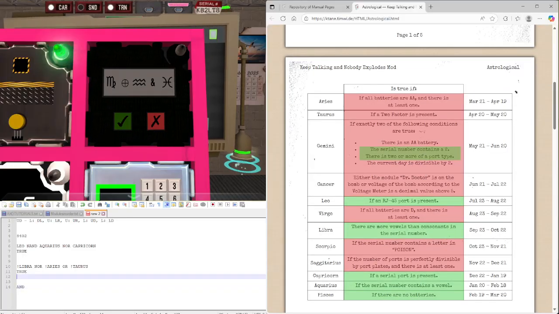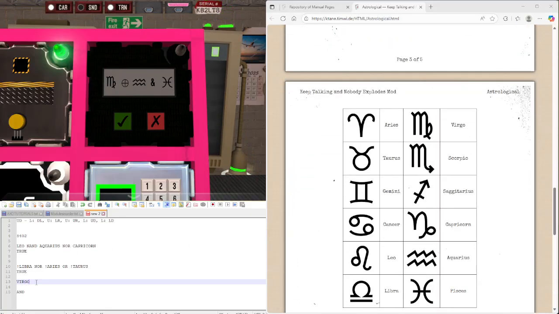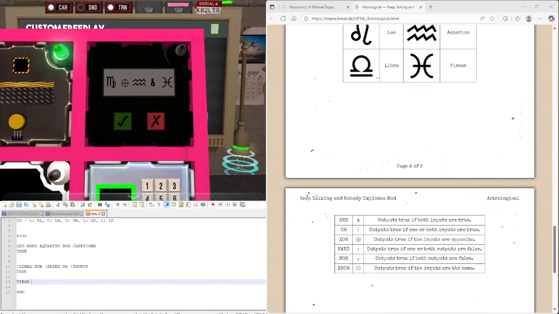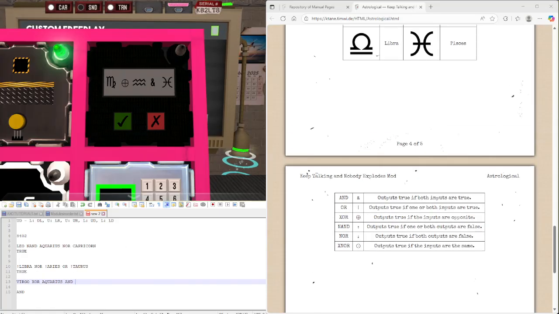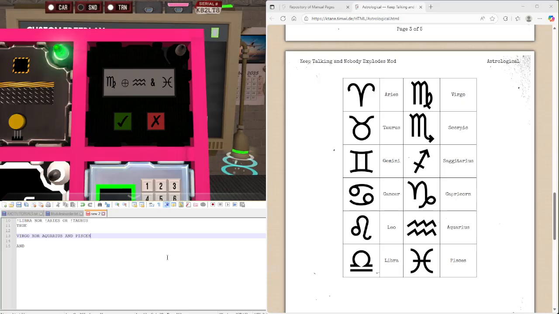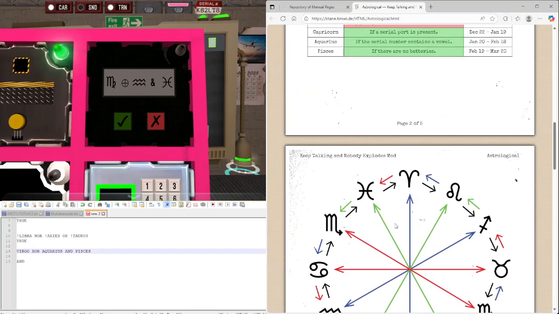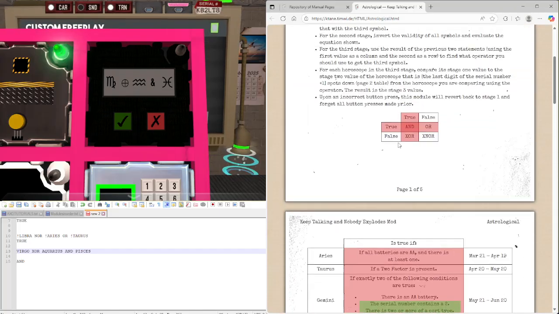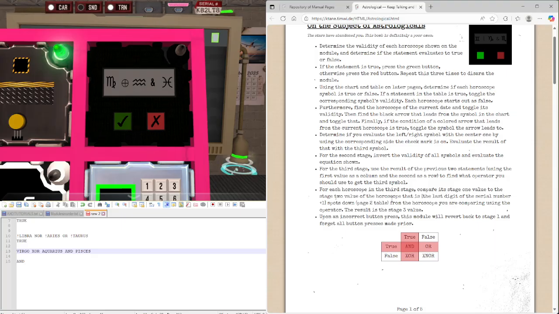So we have Virgo, XmORse, Aquarius, and over that one is Pisces. And we're going 9 down with it.